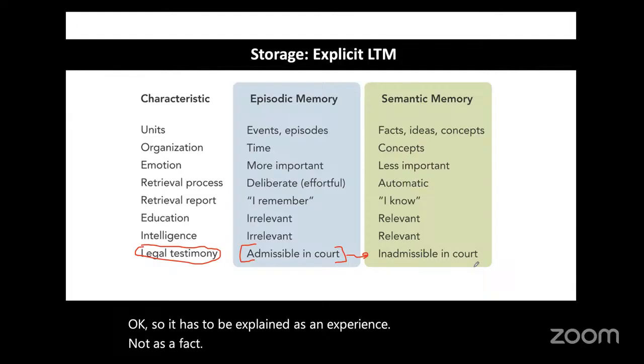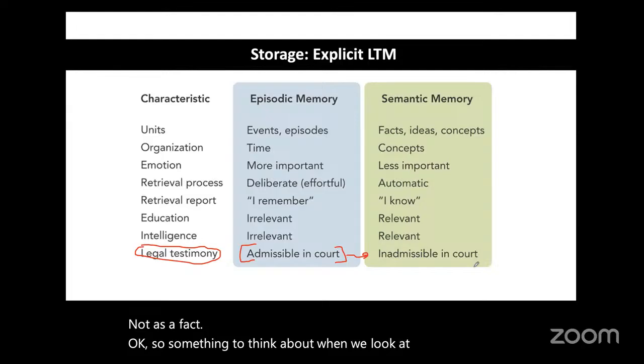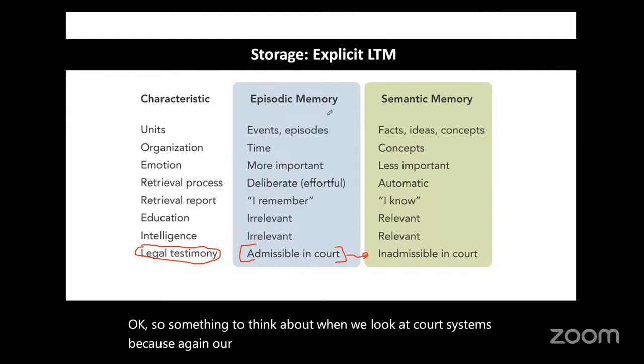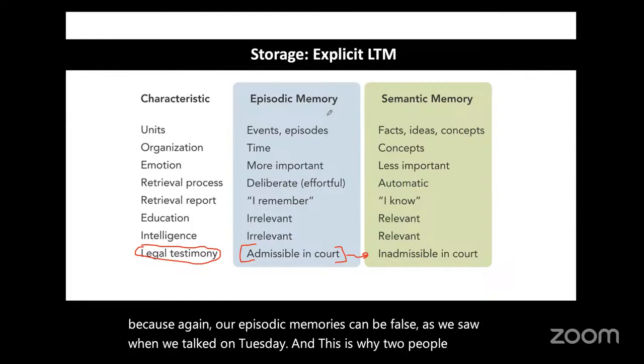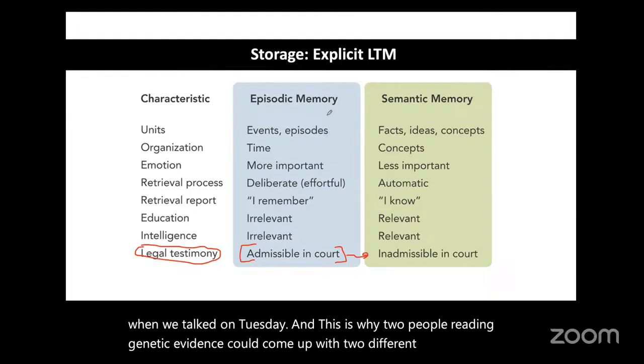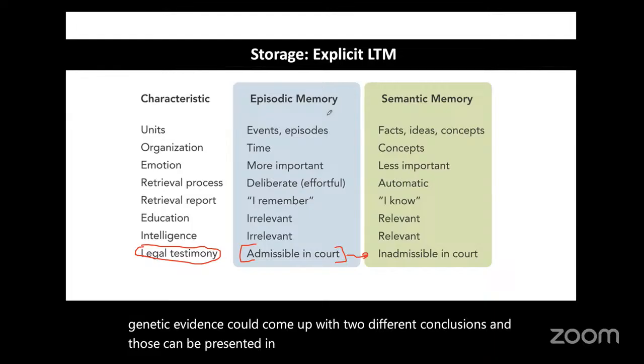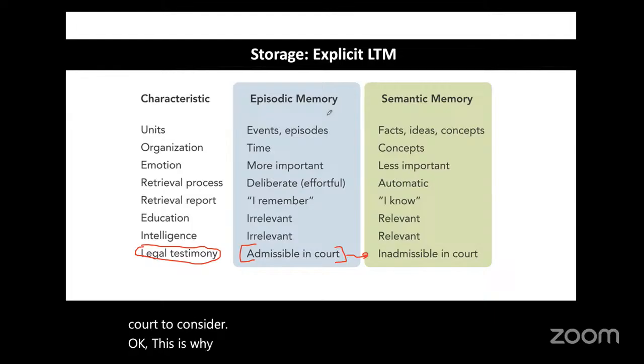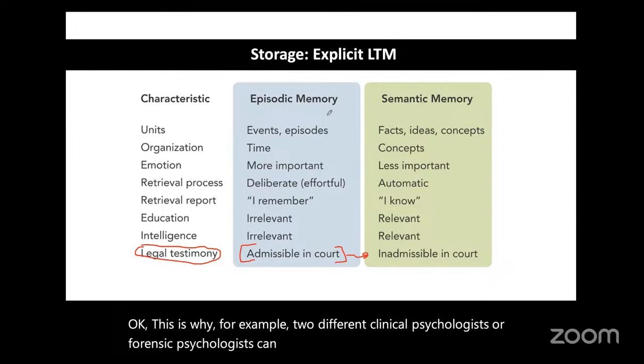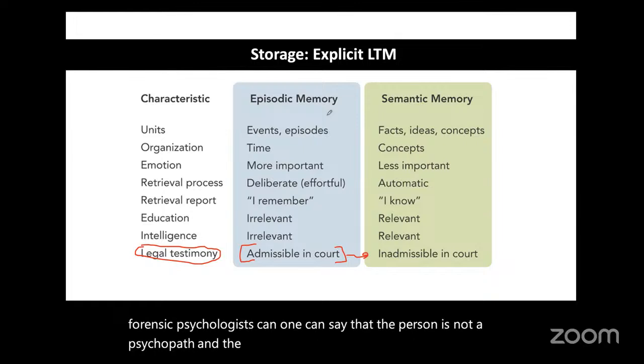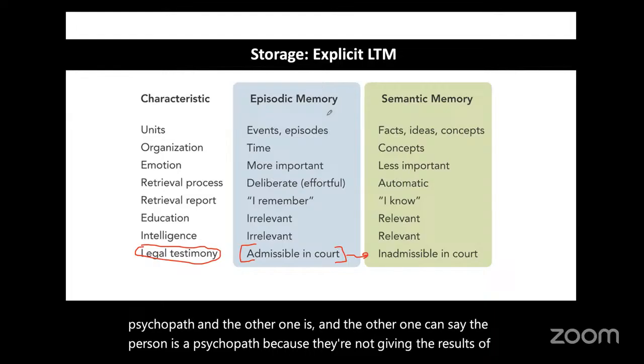So that's something to think about when we look at court systems, because our episodic memories can be false, as we saw when we talked on Tuesday. This is why two people reading genetic evidence could come up with two different conclusions, and those can be presented in court as experiential fact for the court to consider. This is why two different clinical or forensic psychologists can disagree, one saying the person is not a psychopath and the other saying the person is, because they're not giving the results of a test like an MMPI.